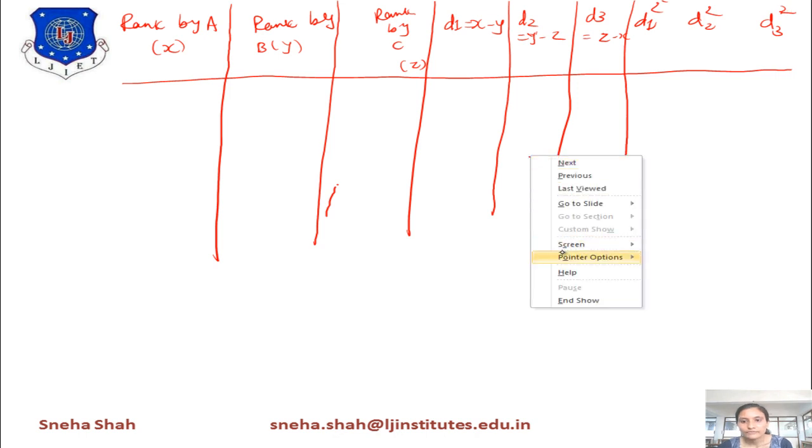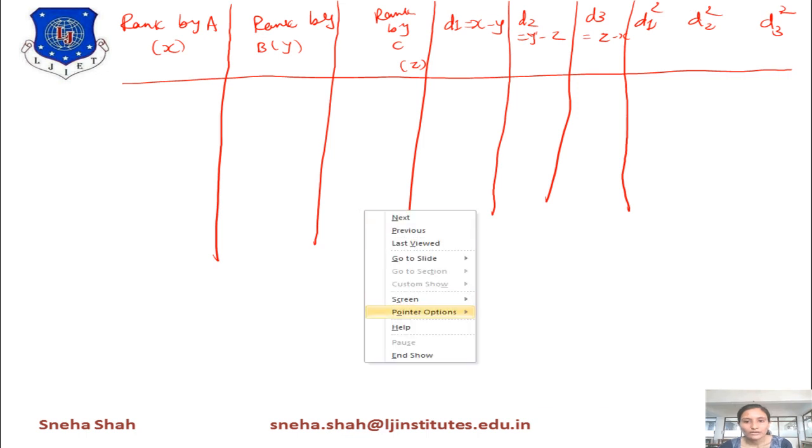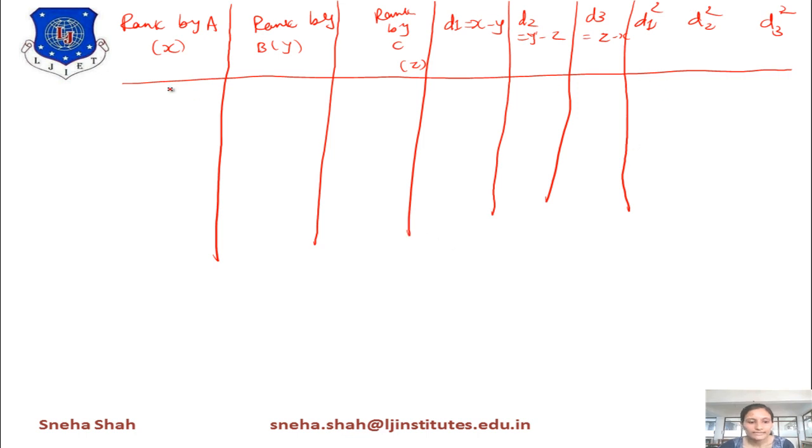So first of all I will write all the values in column form. If I write in column form, x is given to you like this: 1, 6, 5, 10, 3, 2, 4, 9, 7 and 8.